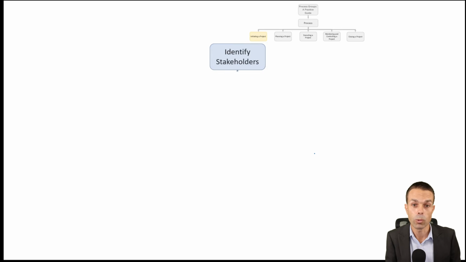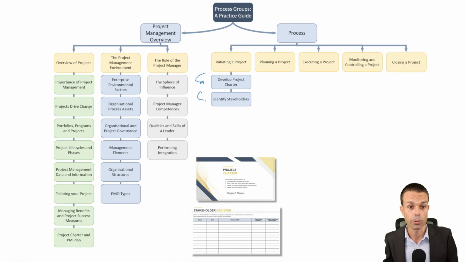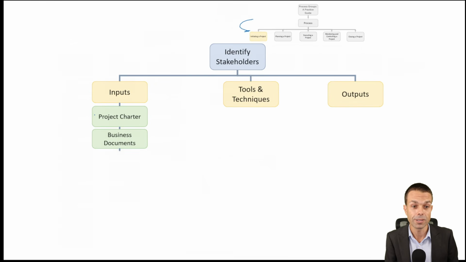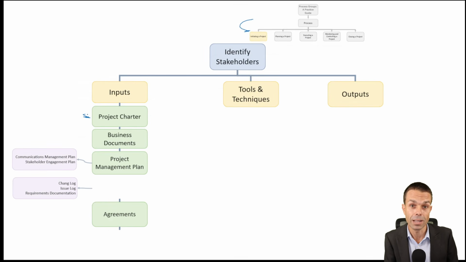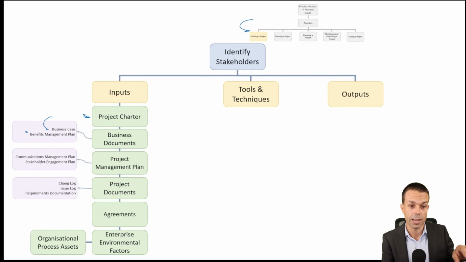Now, the next one when we're initiating a project is identifying all the stakeholders that we're going to be working with. So to do that, we're going to need the project charter. That's going to have a high-level idea of the stakeholders, and business documents, the business case, and the benefits management plan will also have a nice idea. Project management plan, as we start to create that project management plan, we're going to have stakeholders in there so we can refer to that.